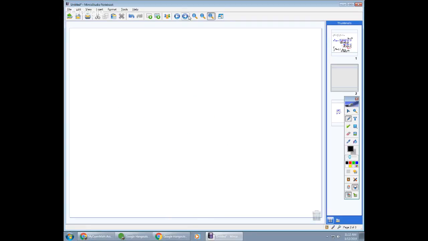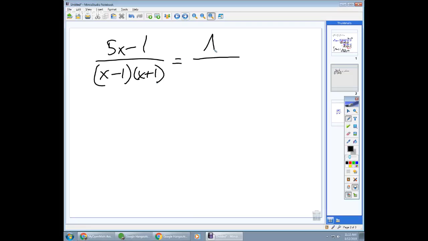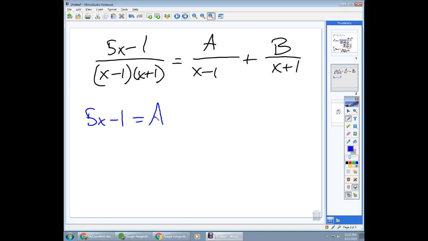We need to rewrite 5x minus 1 over x minus 1 times x plus 1 as something over x minus 1 plus something over x plus 1. Then we multiply through by the lowest common denominator, and a bunch of stuff cancels. So I think the next step should look like this: 5x minus 1 equals A times x plus 1 plus B times x minus 1.